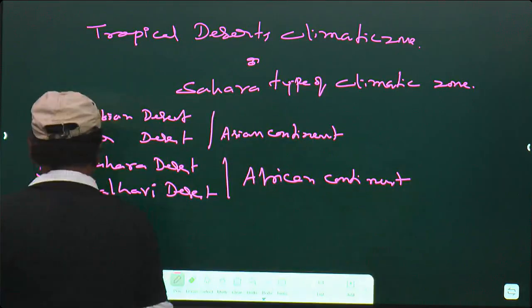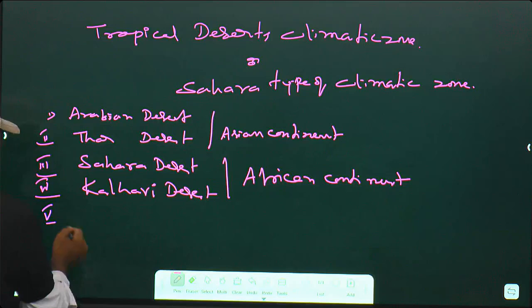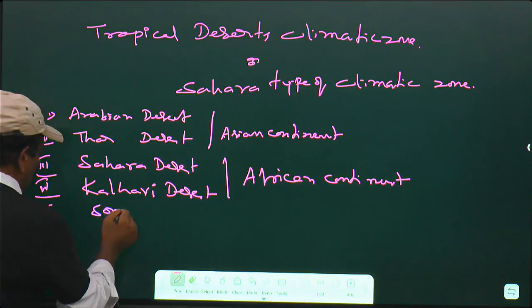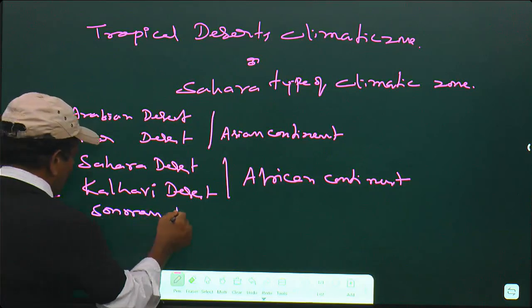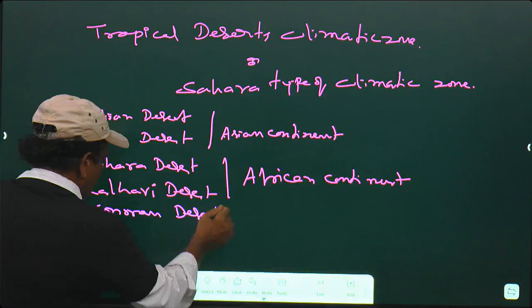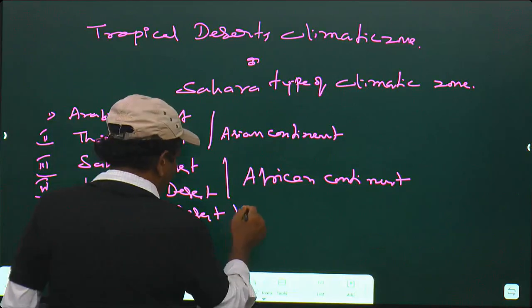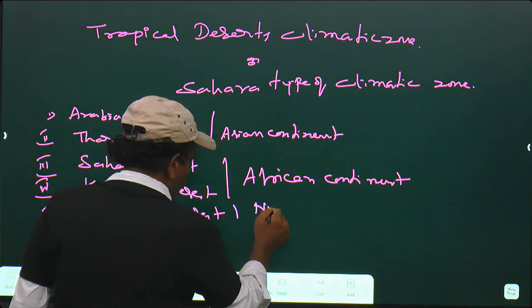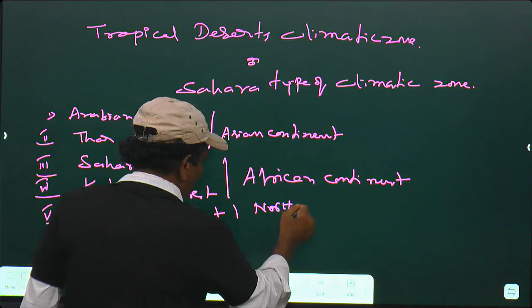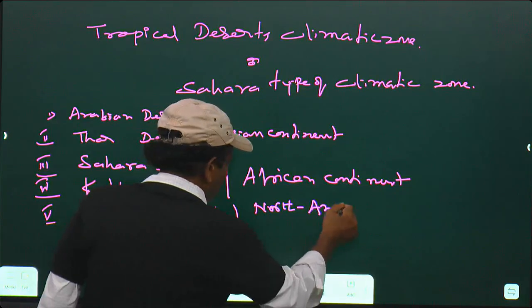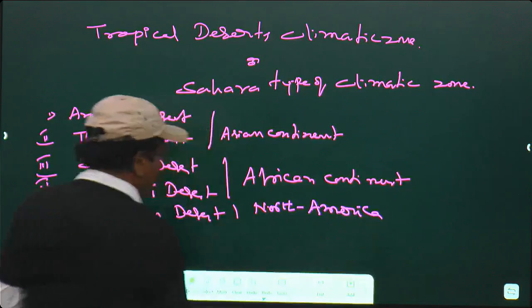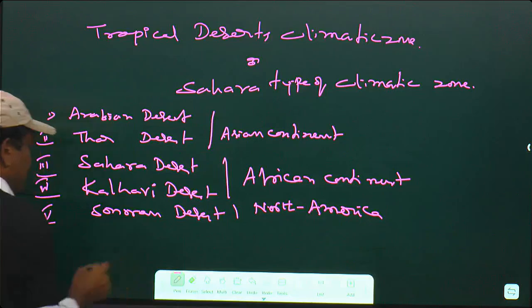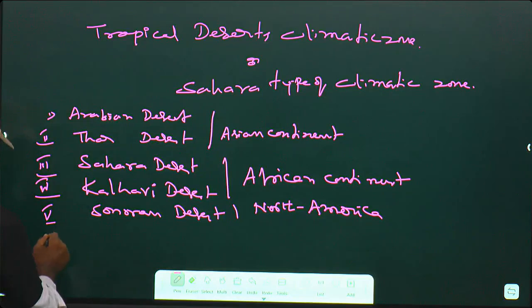Clear? Fifth one is the Sonoran Desert. Where is the Sonoran Desert? In North America.